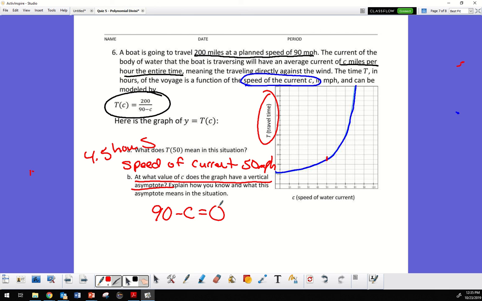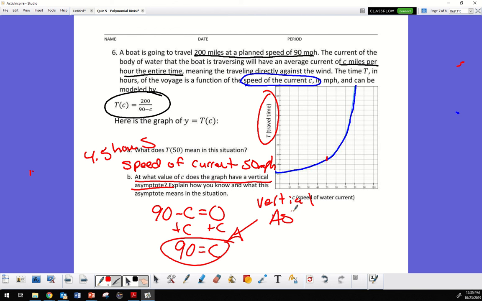I want to get c by itself, but since it's already negative, I want it positive. So I'm going to add c to both sides. So 90 is equal to c. This is my vertical asymptote. So that is my vertical asymptote at 90.